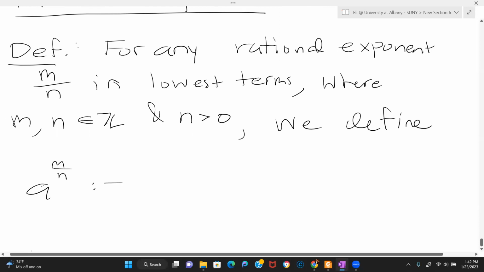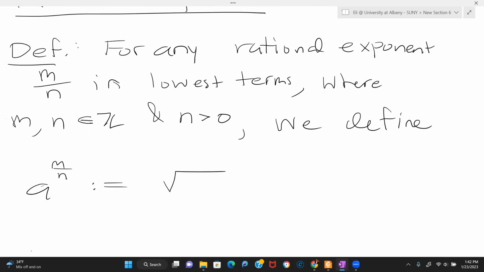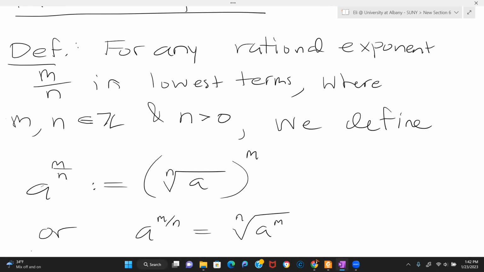So how do we define it? These are symbols, they don't currently have any meaning, and now we're going to assign meaning to them. The meaning is that you first take the nth root of a, and then you raise that whole thing to the mth power. Or equivalently, a to the m over nth power is the same thing as taking the nth root of a to the mth power.